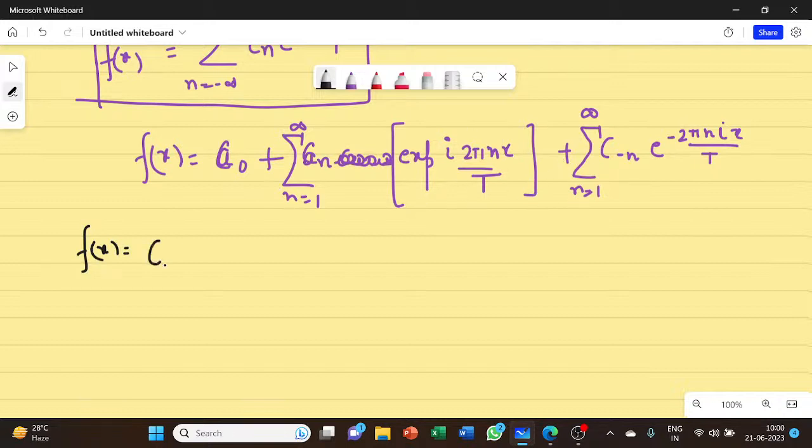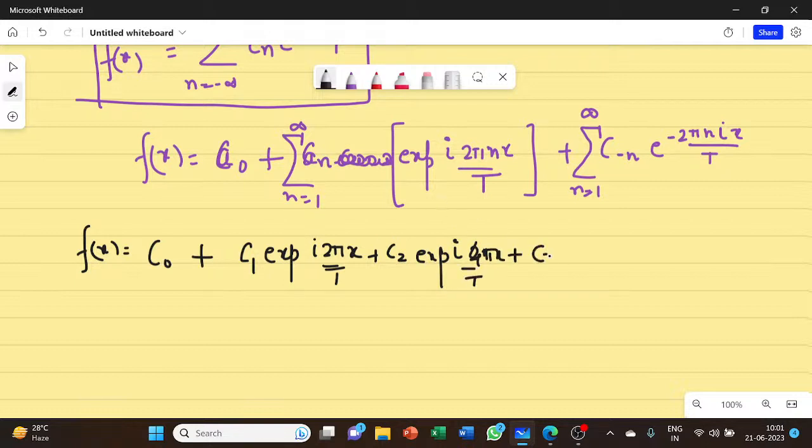So see here, if you have c naught, if you write n equals 1 here, you will get c1 exp iota 2 pi x upon T. Then you write n equal to 2, you will get c2 exp iota 4 pi x upon T. Then n equal to 3, you will get c3 e to the power iota 6 pi x upon T, and so on and so forth.